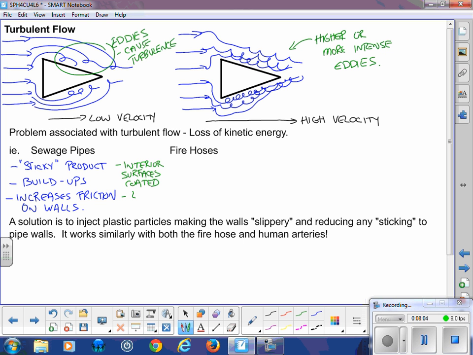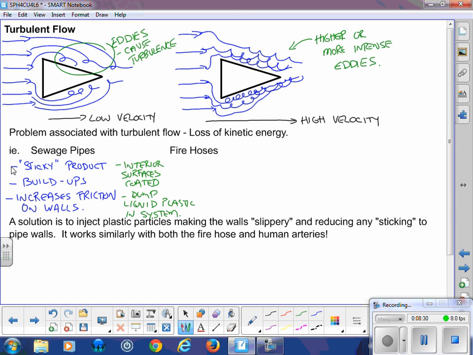This liquid plastic, kind of like if you ever touched graphite, reduces friction. What it does is it makes things less liable to stick to walls and flows through the system a little bit quicker.